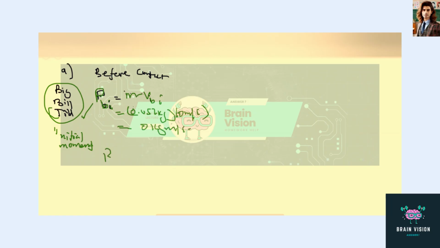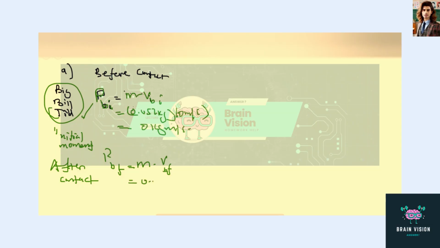And then we also have the final momentum, that's after the contact. So this would be before contact, and this would be after contact. The final momentum is the mass times the final velocity.